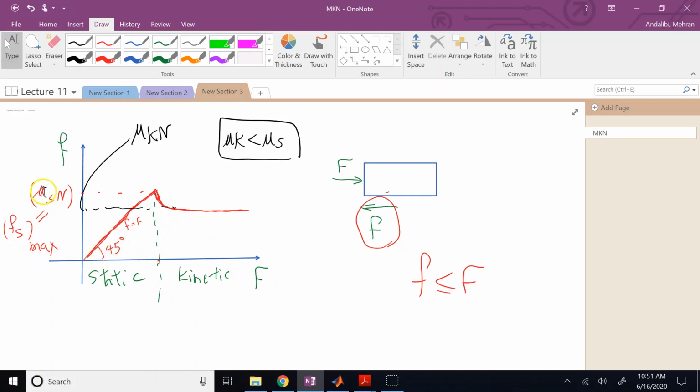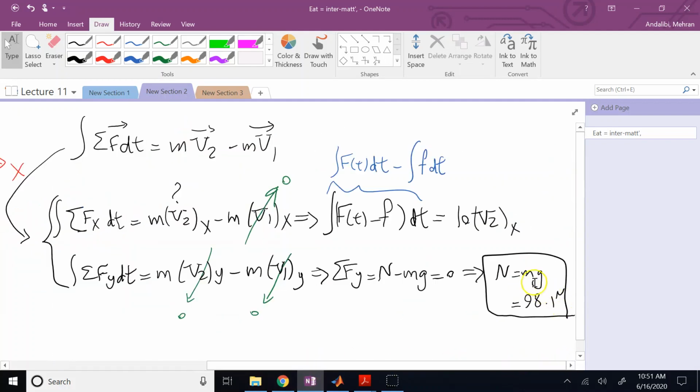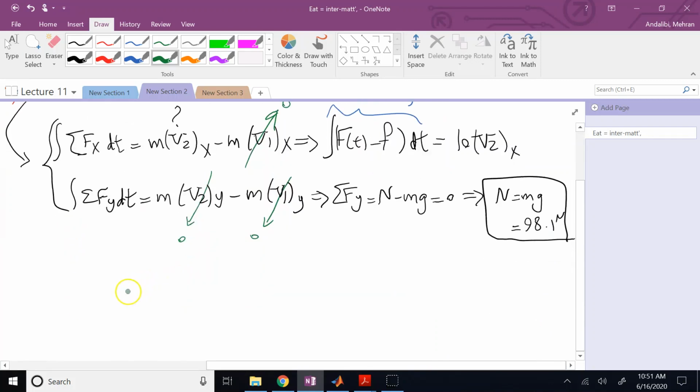So you see, the surface can keep up with me until some number. And what is that number in this case? That number is mu s, which is 0.2, times n. And n is 98.1. So in this case, Fs max is going to be mu s times n.